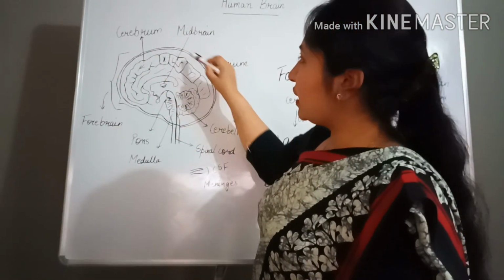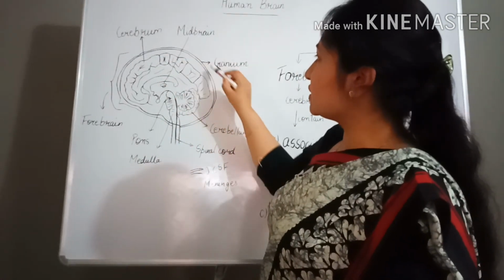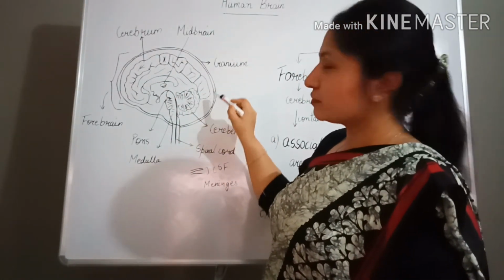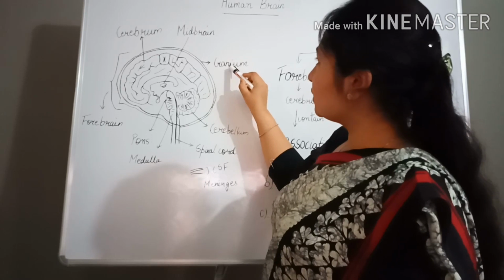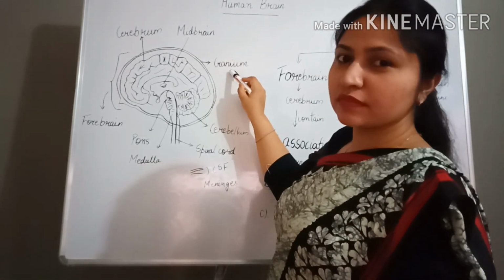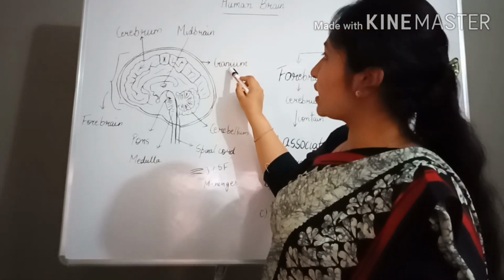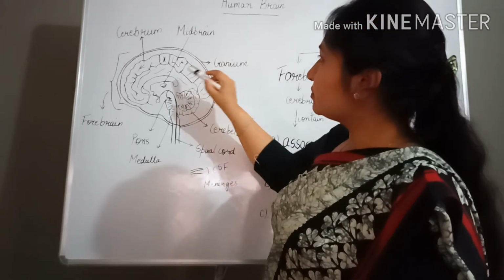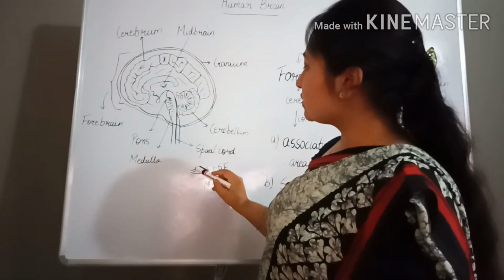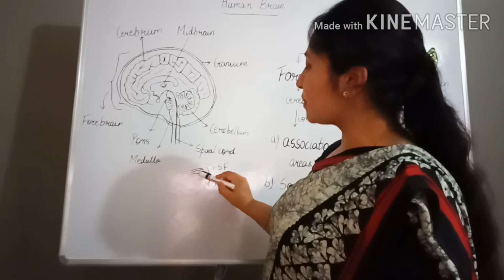Now, the brain is present in the skull. This skull is also known as the cranium. This skull portion is known as the cranium. And this brain is covered by three membranes.